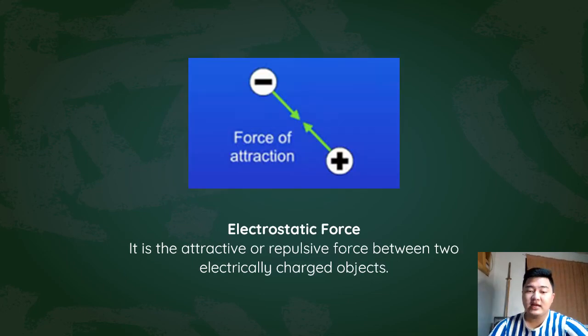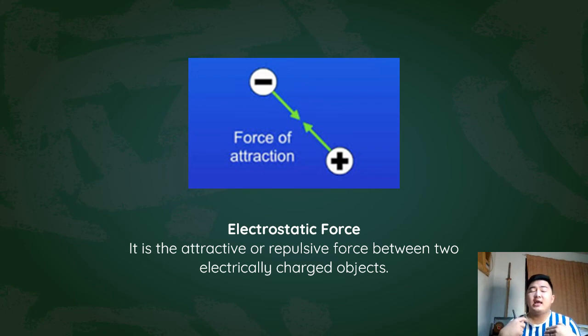This works the same in electrostatic force. Electrostatic force is the attractive or repulsive force between electrically charged objects. Your charges can either be positive or negative. When you have opposite charges, the particles or objects will attract each other.